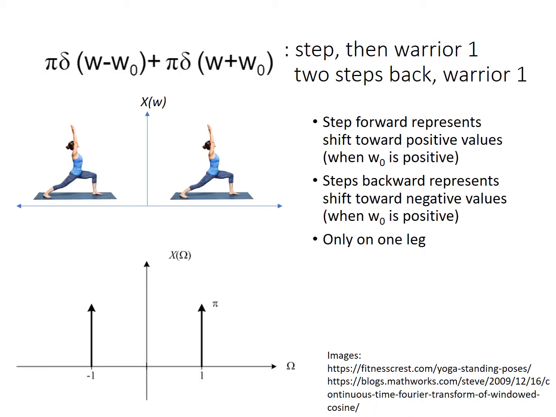The shifted deltas are represented by taking a step in between each warrior 1 pose. The step backward represents that you're in the negative values, and keep in mind this is for when W0 is a positive frequency. You will only do the warrior 1 pose on one leg.